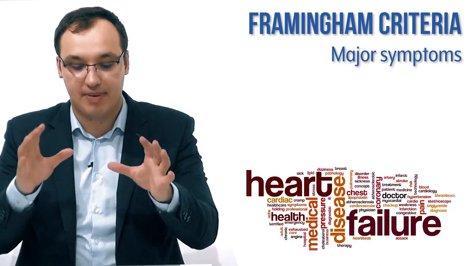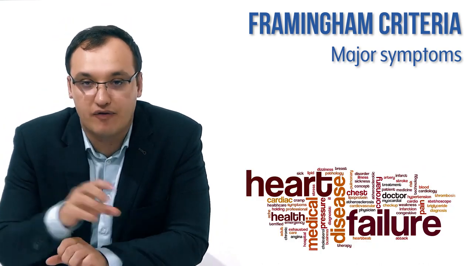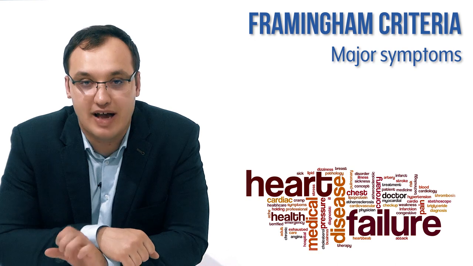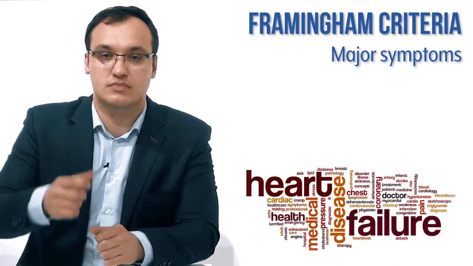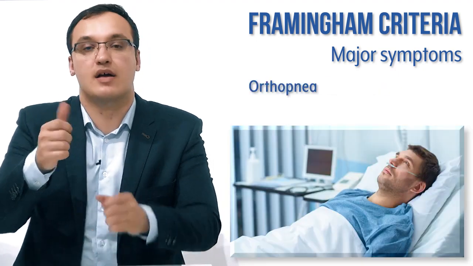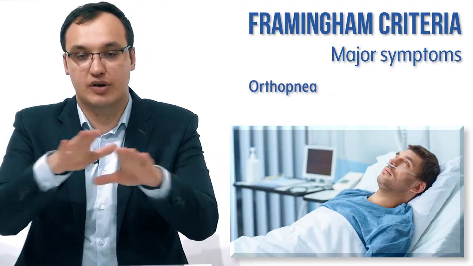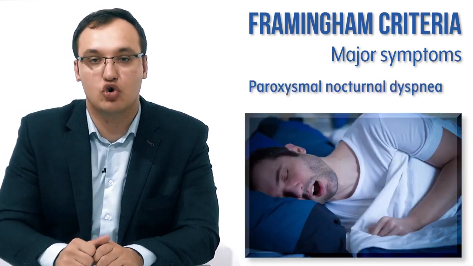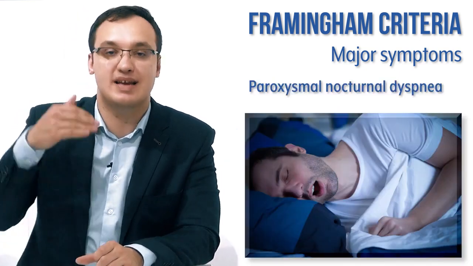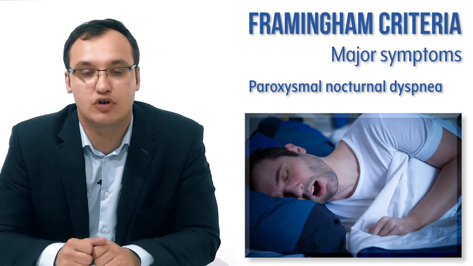So let's recap the Framingham criteria of the major ones. We have eight things. Two things that you get from the anamnesis: orthopnea, which means he has problems with breathing lying down, and paroxysmal nocturnal dyspnea, so difficulty breathing in the night.